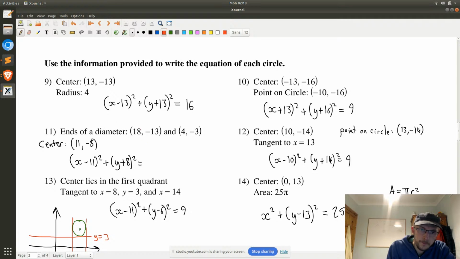Okay. 14 squared, 196. 10 squared, 296. Add them together. Square root. I'm absolutely positive the diameter is that. So the radius must be this. 296 is root 4 times root 74, which is 2 root 74.